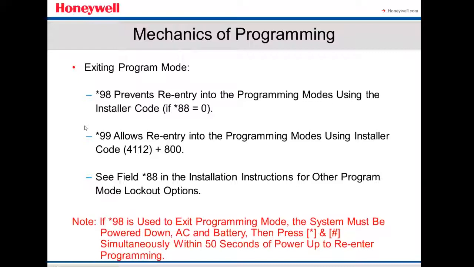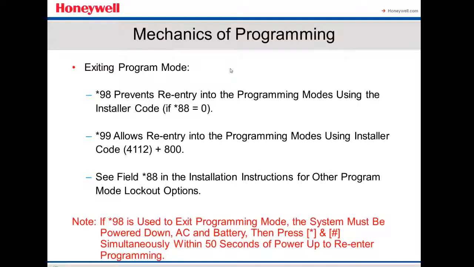There are different ways to get out of programming, which is star 98, which prevents re-entry into the programming mode using the installer code. What it means is some technicians don't want anybody to touch your panel anymore after the installation, so they get out of programming with star 98. Then when somebody else tries to re-enter the programming, they're not going to be able to, because they lock it.